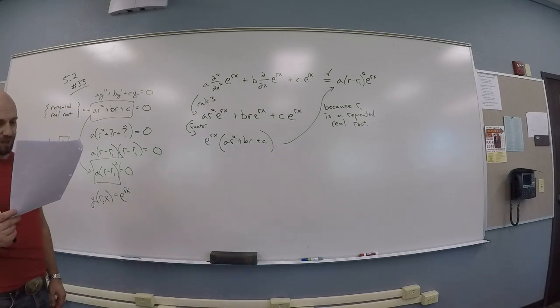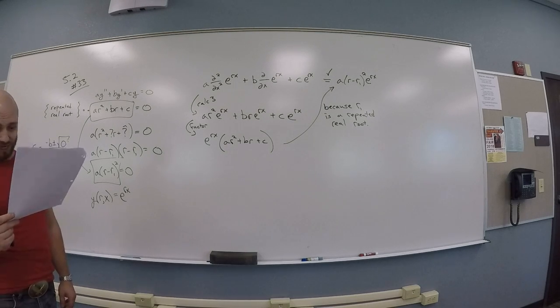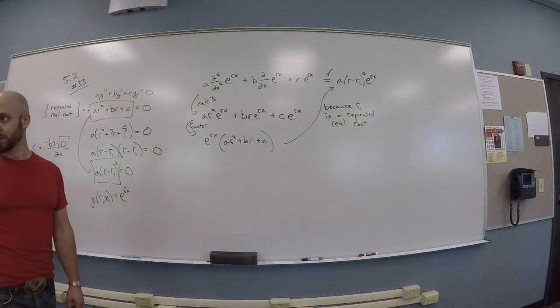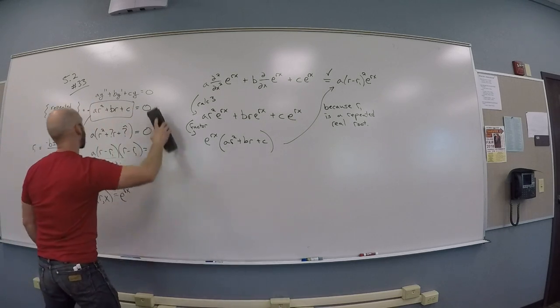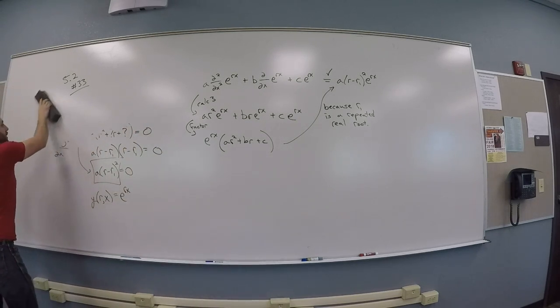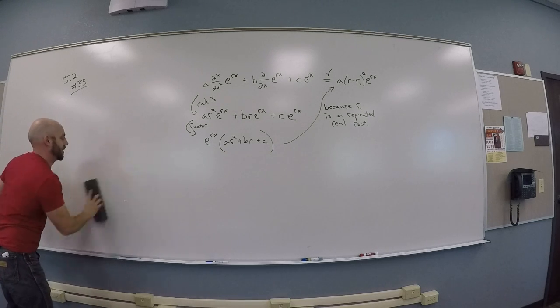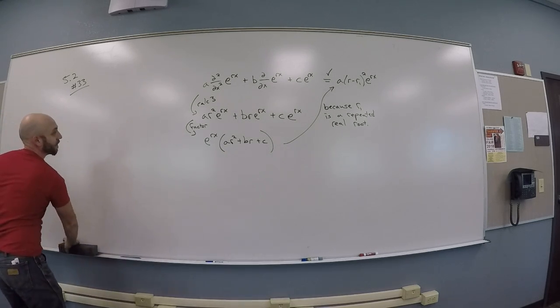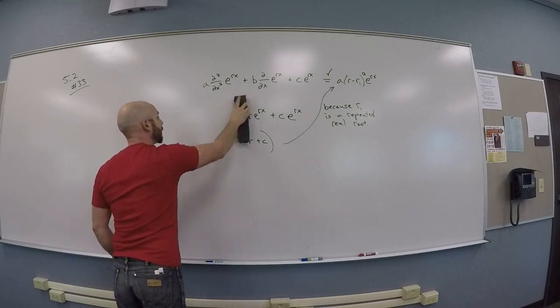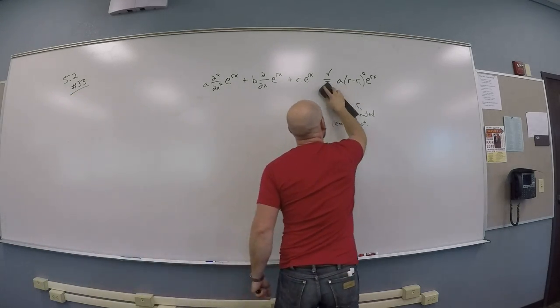Part B, differentiate with respect to r to obtain something. Okay, so let me write the equation that they were talking about now. The equation that they're talking about is literally just the beginning and the end of that. Conveniently those are on the same line already, so I'll work over here.